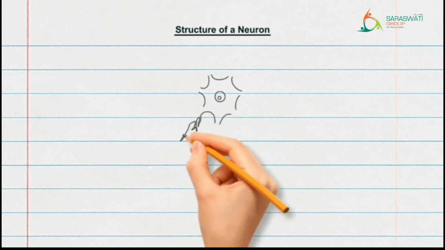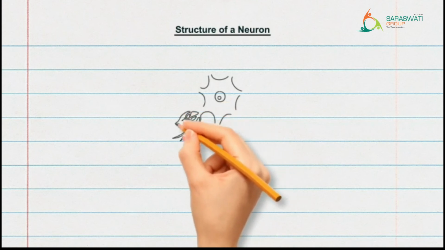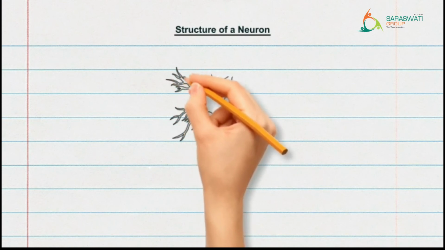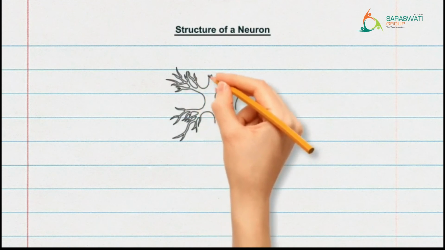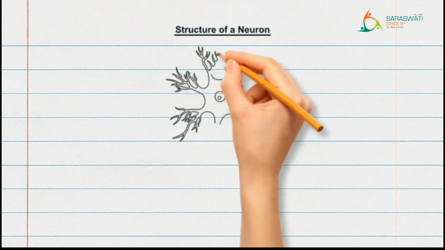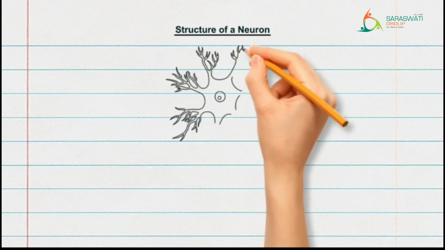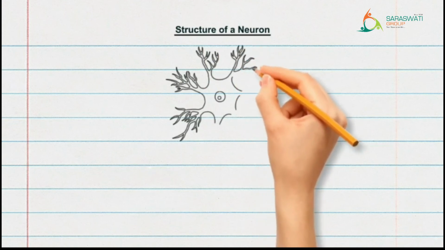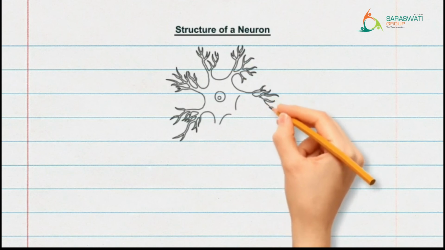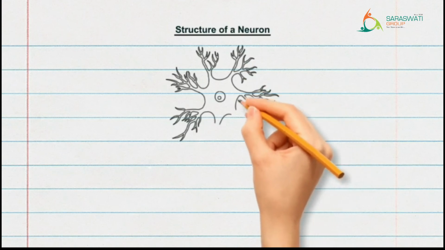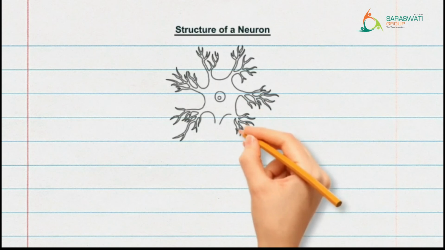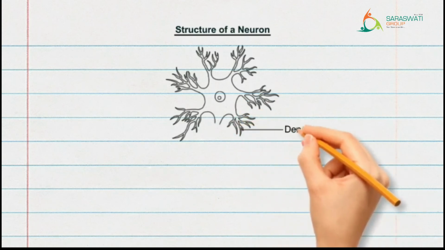From the cell body, draw several root-like structures in all directions. Label these root-like structures as the dendrites.